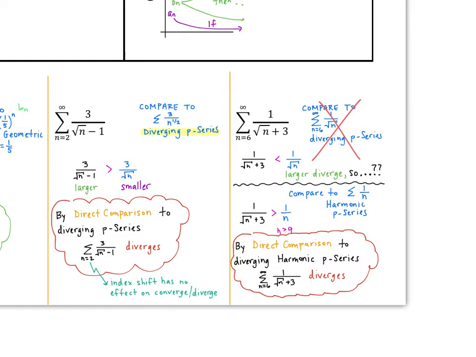So now since this is the larger one and we're comparing it to a smaller series that diverges, if the smaller diverges, the larger one also will diverge. So by a direct comparison to a diverging harmonic p-series, our original series will also diverge.